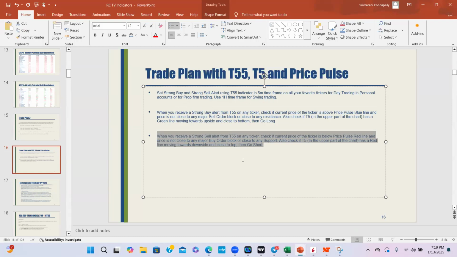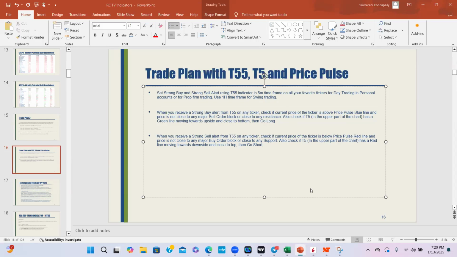The price should be at the bottom, and then you should not be very close to any major support or any major buy order block. So if you just remember these three rules, take a printout, put it near your laptop where you take the trades, then every day you can make some nice profits, whether you do it with your personal accounts or with prop firms, it is up to you.